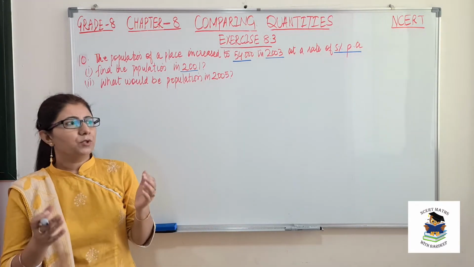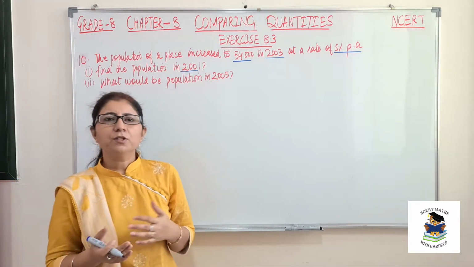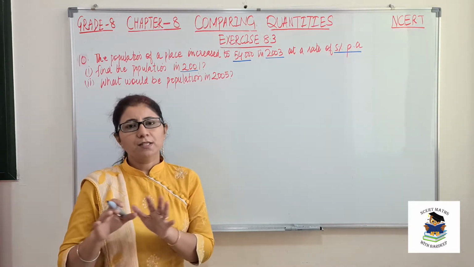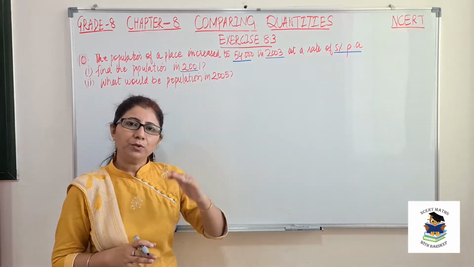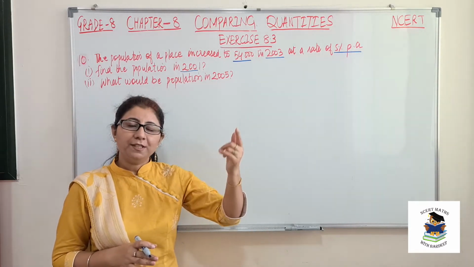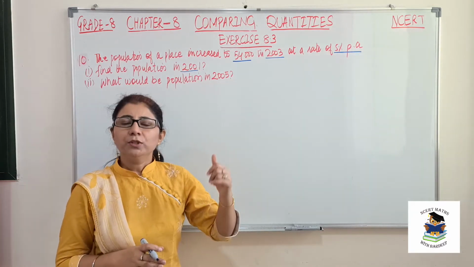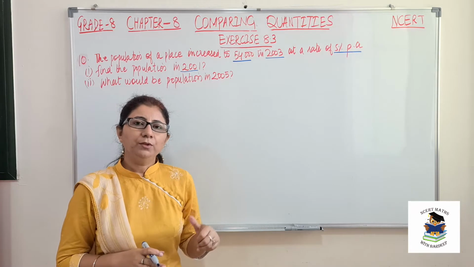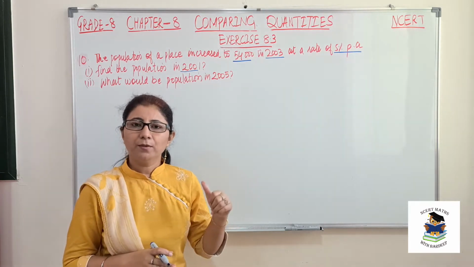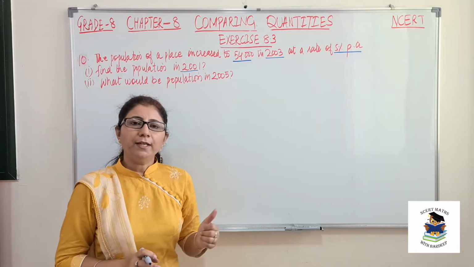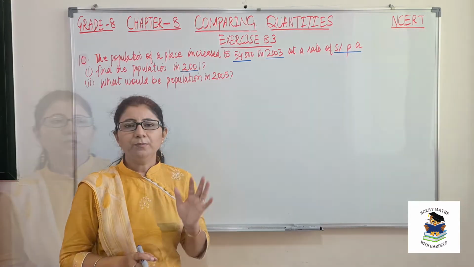Similarly, suppose I am having a car. This year the car's price is something else, and if I want to sell this car after 2 years, its price will not increase, it will decrease. That is our depreciation cost. In that case also we will use the same compound interest formula, but with a minus sign. There is one more category in which we will use the same formula.